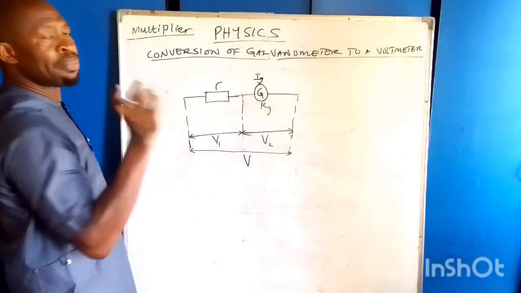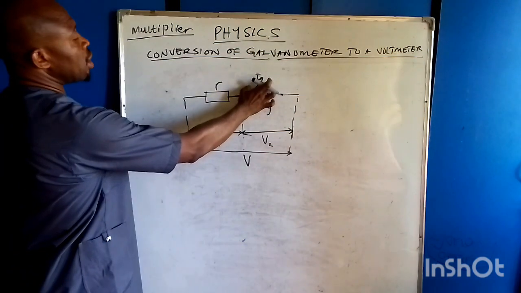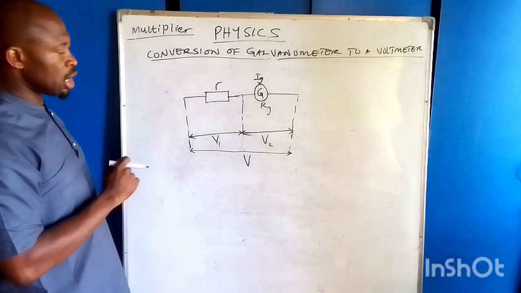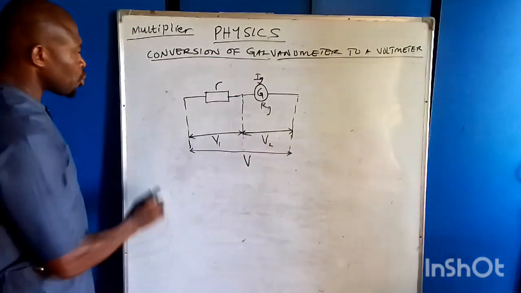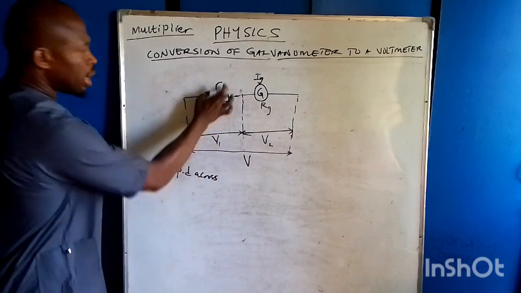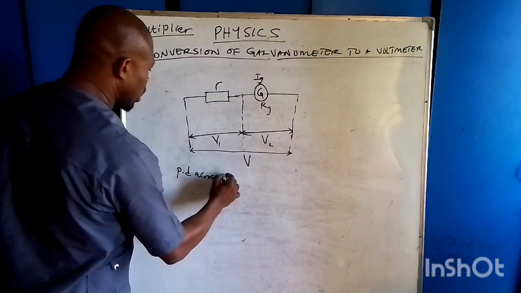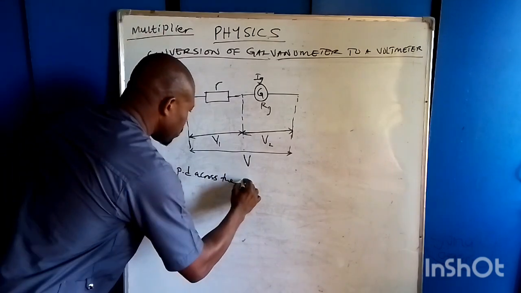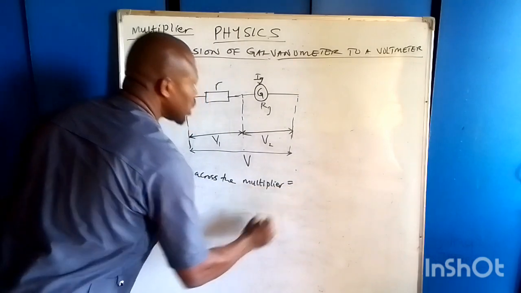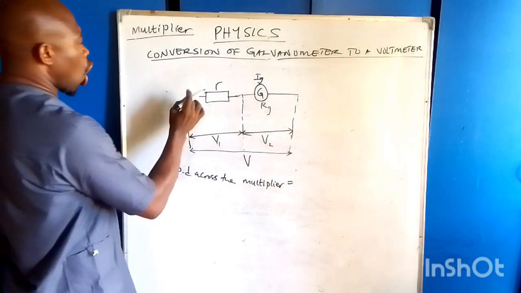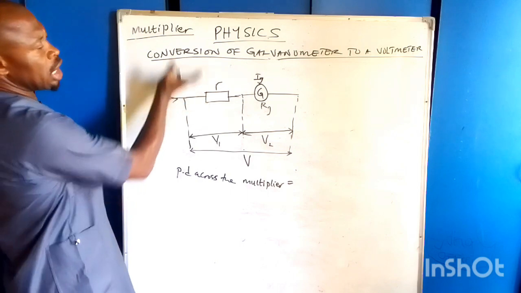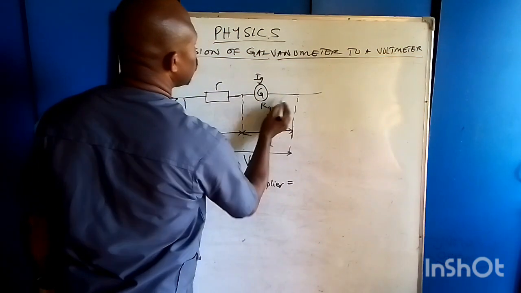Here r is the resistor that we use to convert this galvanometer in order to measure the potential difference. Now from Ohm's law, we now have the PD across the multiplier. Remember, this is just a portion of a circuit.